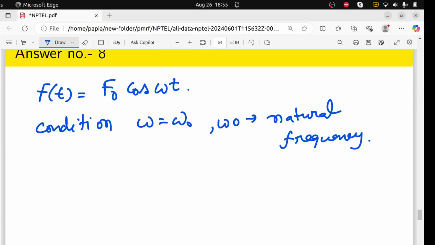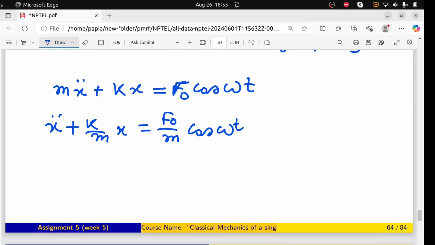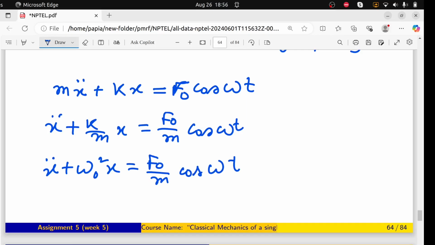So I can write the equation of motion as m x double dot plus k x equals F0 cos omega t. Again, x double dot plus k by m x equals F0 by m cos omega t, so x double dot plus omega 0 squared x equals F0 by m cos omega t, right?